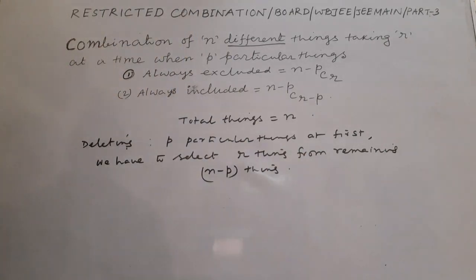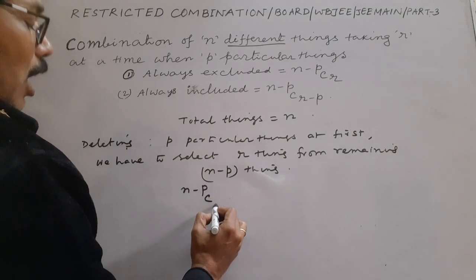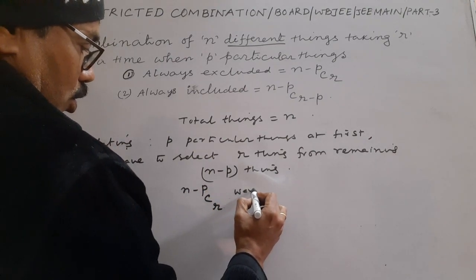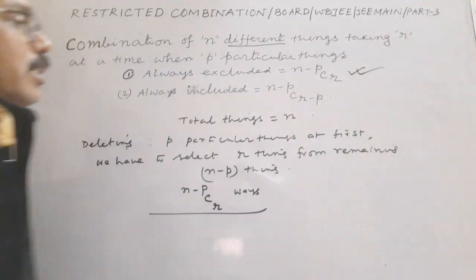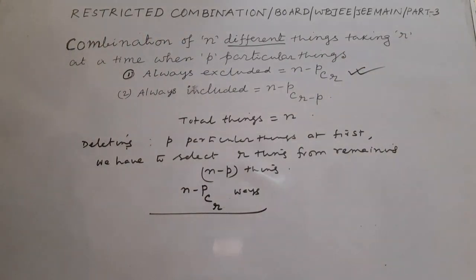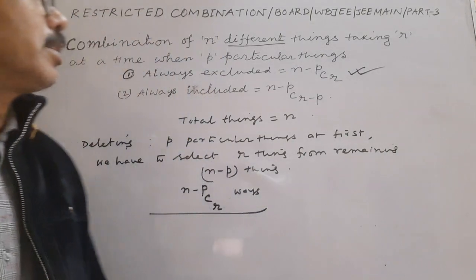So this can be done in n minus p C r ways. So this is our result: n minus p C r.